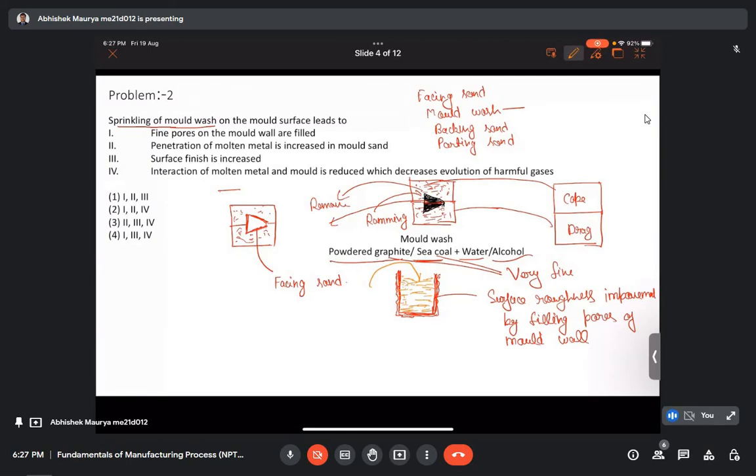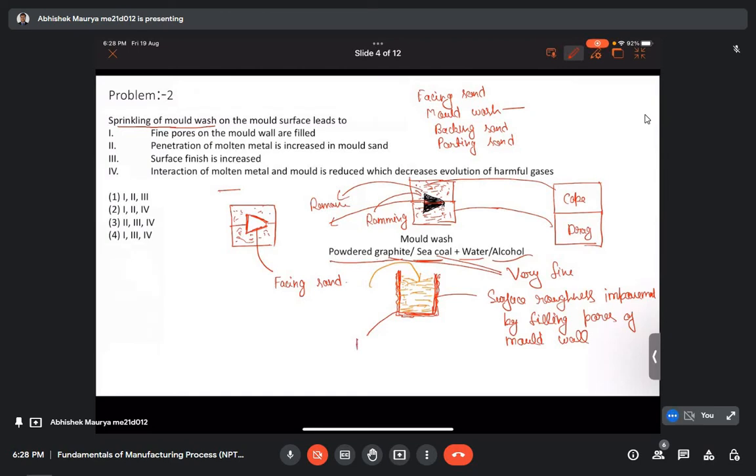Since now the surface is very smooth, the interaction will become very less, and because of that, penetration issues decrease. If the surface was not very smooth, then the mold wall would get penetrated by the metal and the casting would become defective.